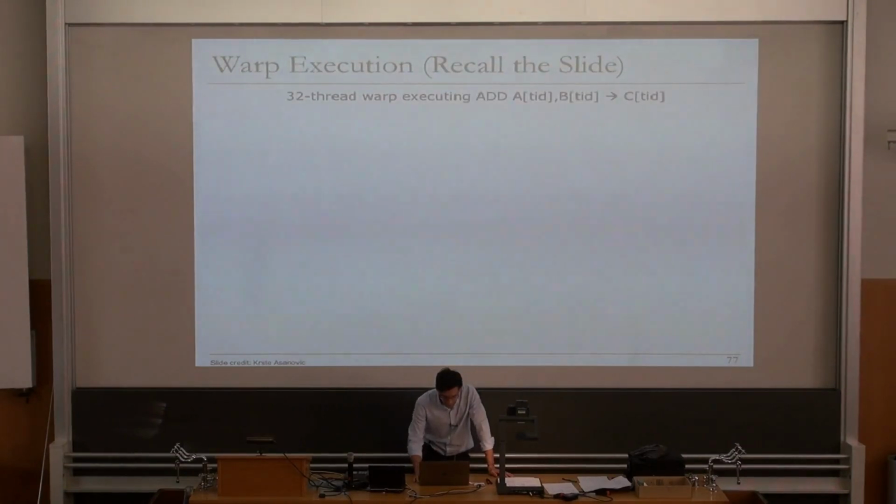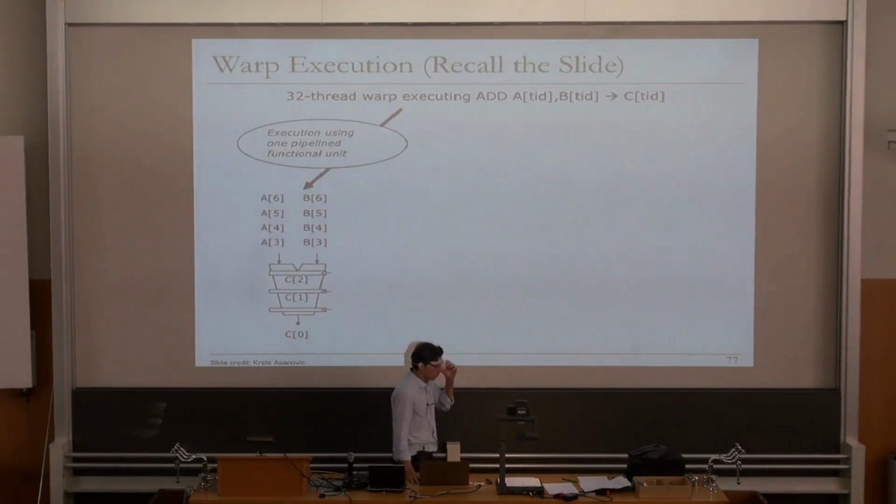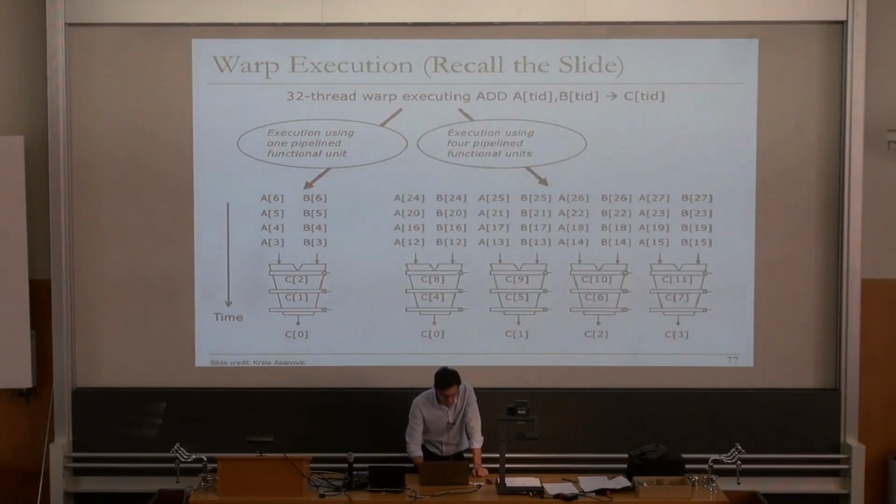You already know this slide, and we were using it when we were talking about vector processors. Now we can use it again to talk about SIMD and GPUs, because essentially GPUs are some form of vector or array processors. Instead of one vector instruction, we have one warp instruction, and this operation, the addition of two elements from arrays A and B with the result stored in array C, is the equivalent of the vector instruction.